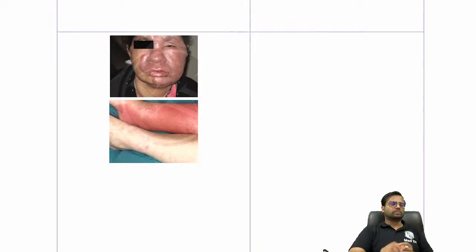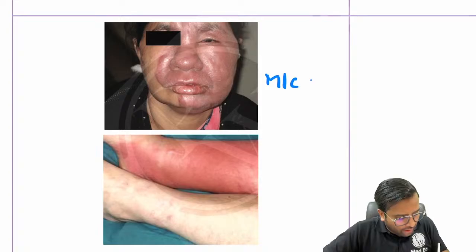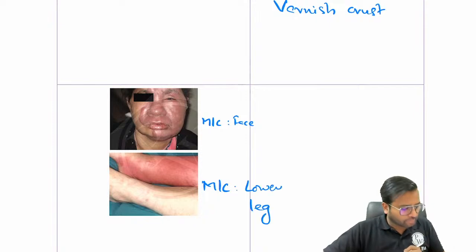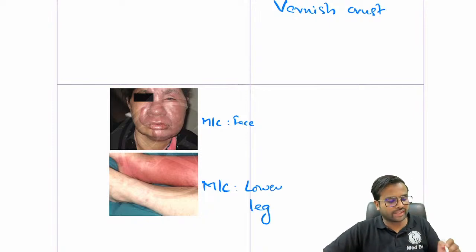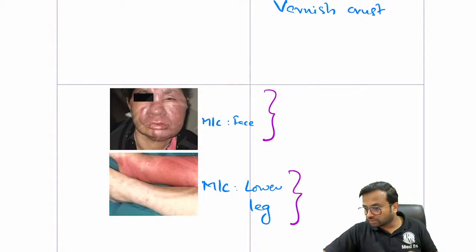There are two more bacterial infections. Let's say one is most common in the face and another one is most common in the lower leg. What are these infections called? Anyone in the chat box?